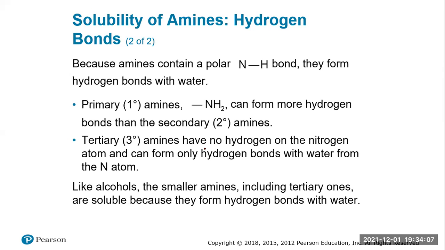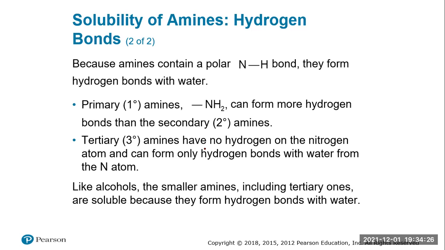And as we talked about a number of times throughout the semester, pretty much like dissolves like. So things that have similar intermolecular forces are going to be very soluble in one another because they're able to interact with one another the same way they would interact with themselves.